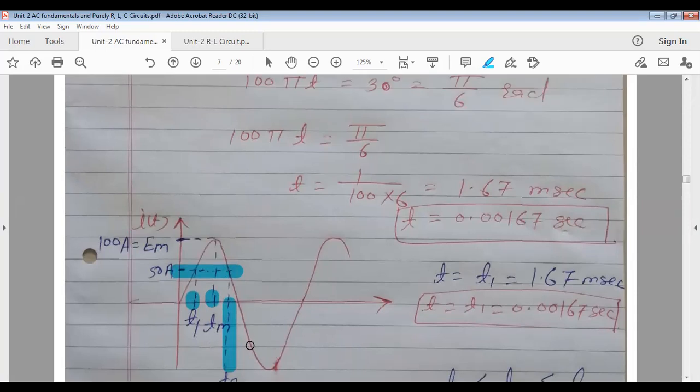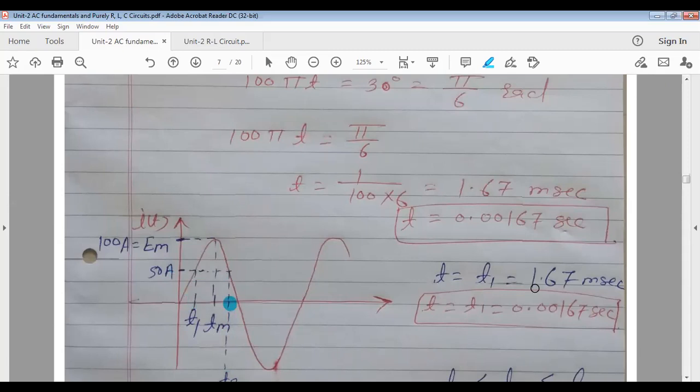What is the value of current at T1 and T2? 50 ampere, isn't it? So at T1 and T2 the value is 50 ampere.